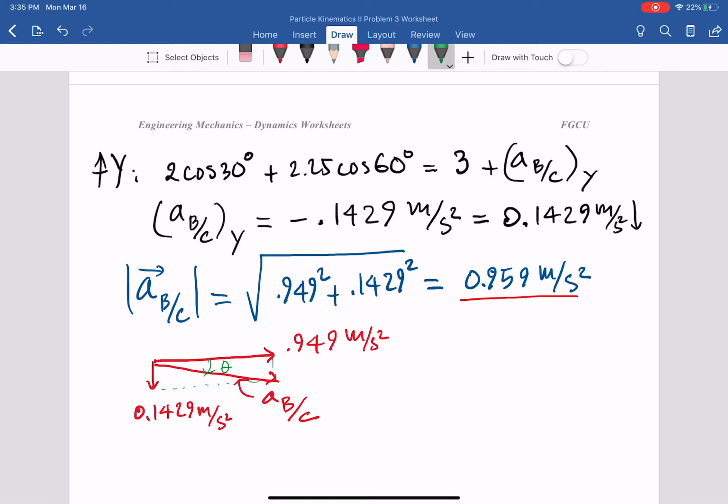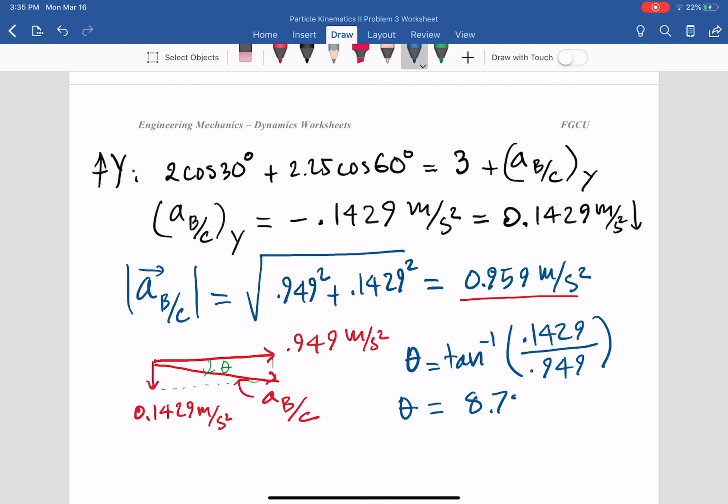Of course, as you are already familiar, theta equals inverse tangent of opposite over adjacent. Opposite in this case is 0.1429, adjacent is 0.949. So angle theta equals 8.57 degrees.